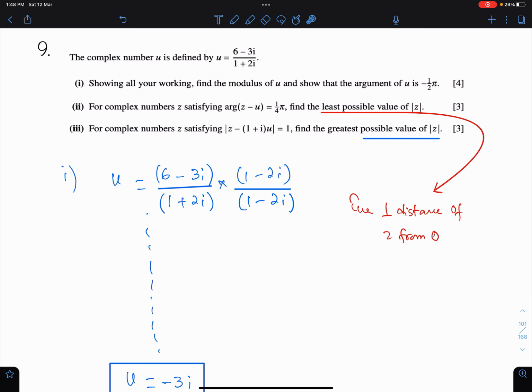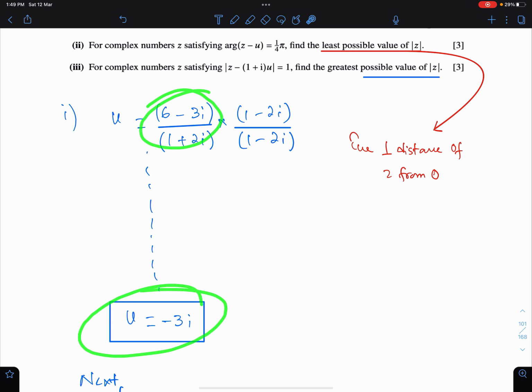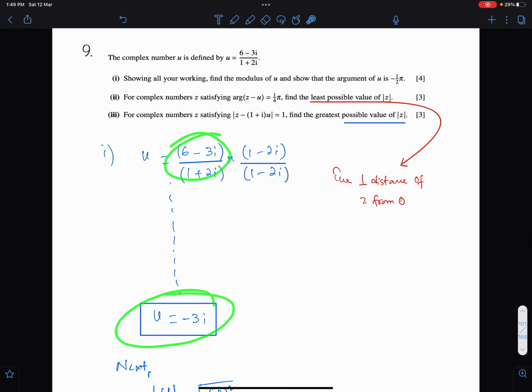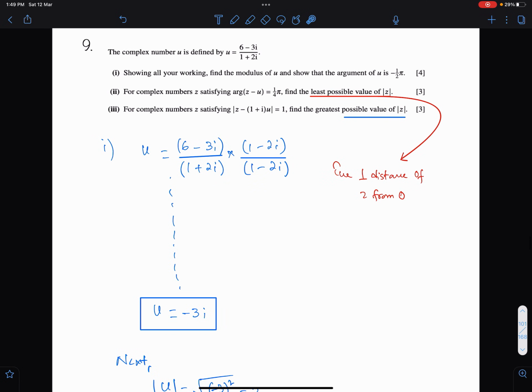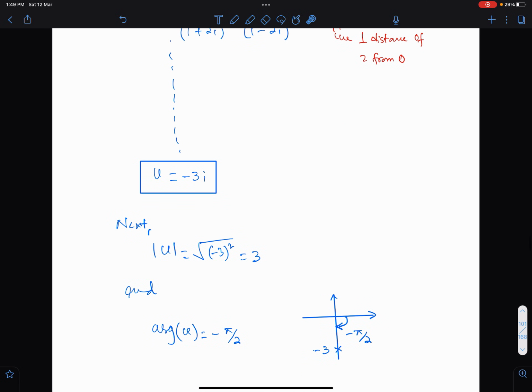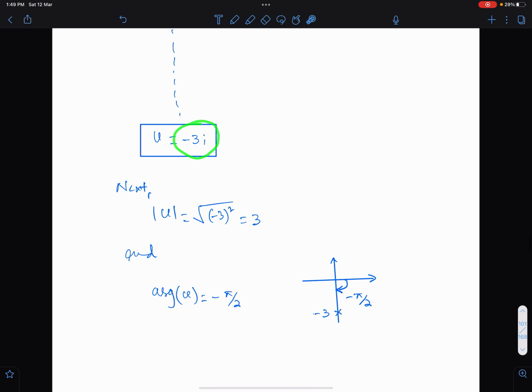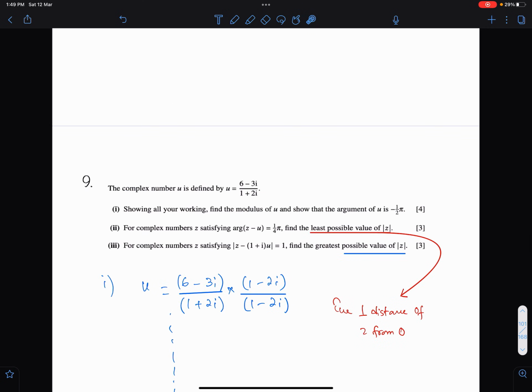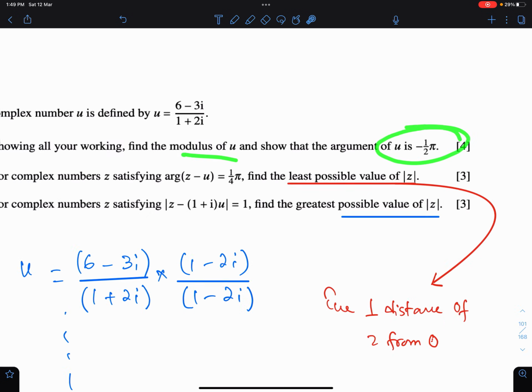When you rationalize this complex number, you get this answer, minus 3i. Now we have to find its modulus. The modulus of this complex number is 3. And since this number lies here, its argument must be negative pi by 2. This is what we had to show: the argument of u is negative pi by 2.